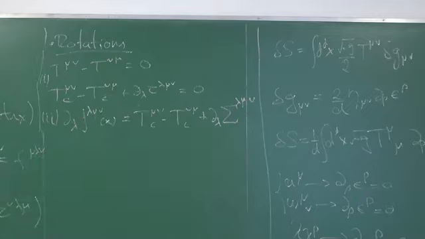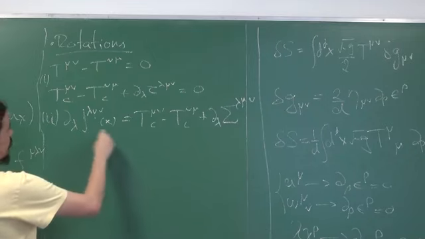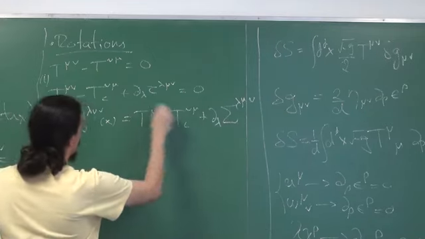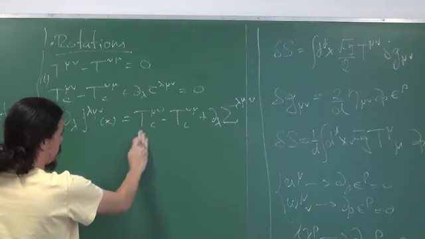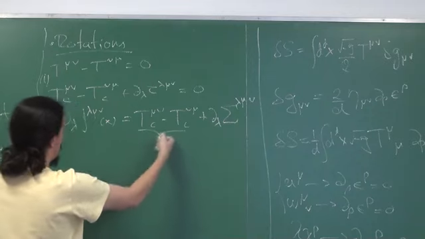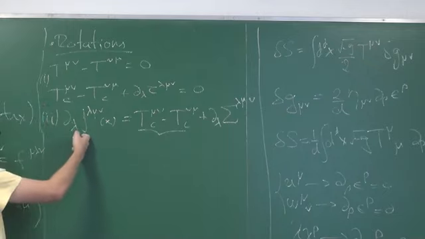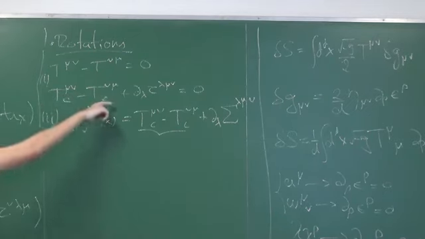And when I substitute this in here, I use this equation, the conservation law, to write this guy in terms of the conserved current and this internal part, and substitute it here.